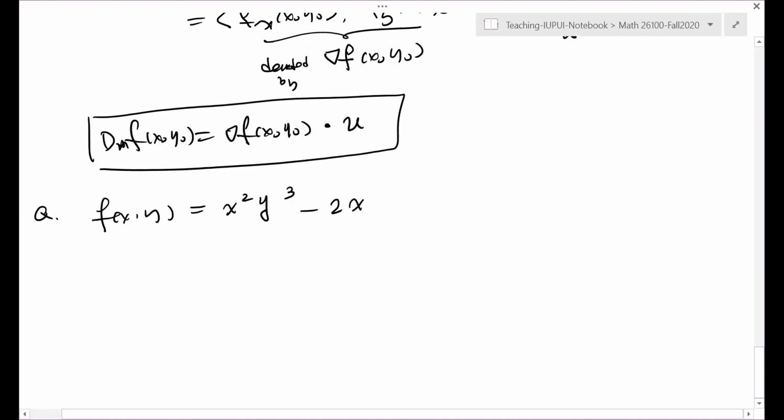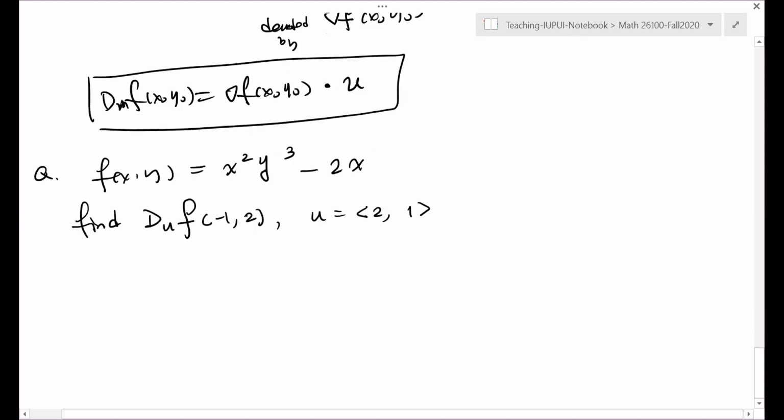We want to find the directional derivative of f at the point (-1, 2) in the direction of u, with components 2 and 1.